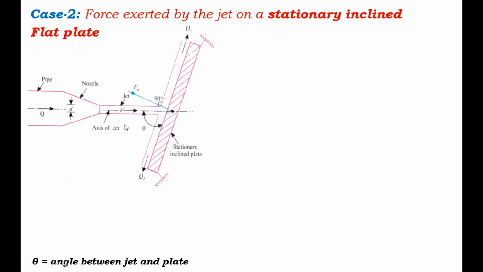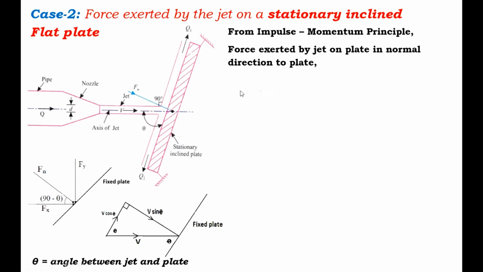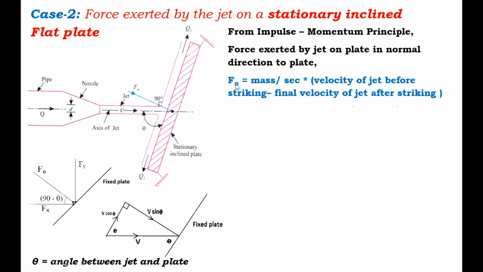v. Now from the impulse momentum principle, if you look at here, we get the force exerted by the jet on a plate in the normal direction to the plate. Fn is the force acting in the normal direction, Fy is the force acting in the y direction, and Fx is the force acting in the x direction.